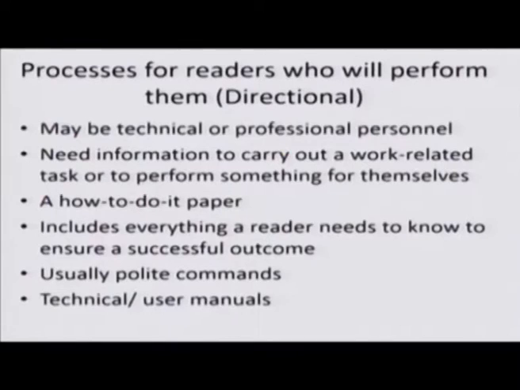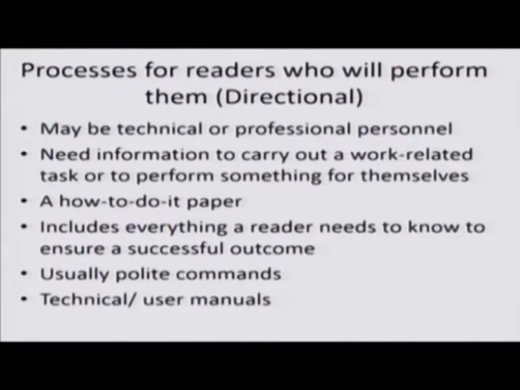Sometimes it is for ordinary people, say how to set up a new smartphone. Here you need to provide information to carry out a work related task or perform something for themselves. This is also called a how to do it paper. A very important thing here is it includes everything a reader needs to know to ensure a successful outcome.